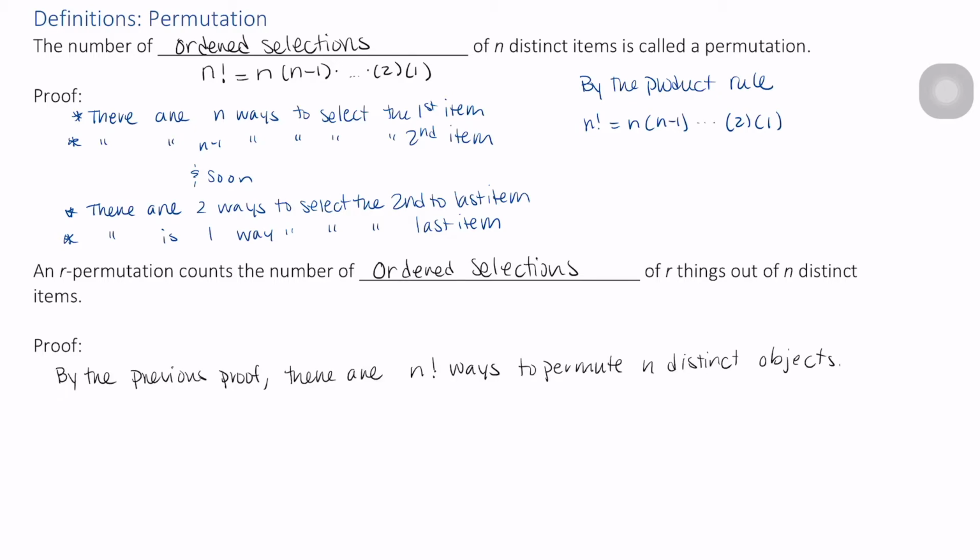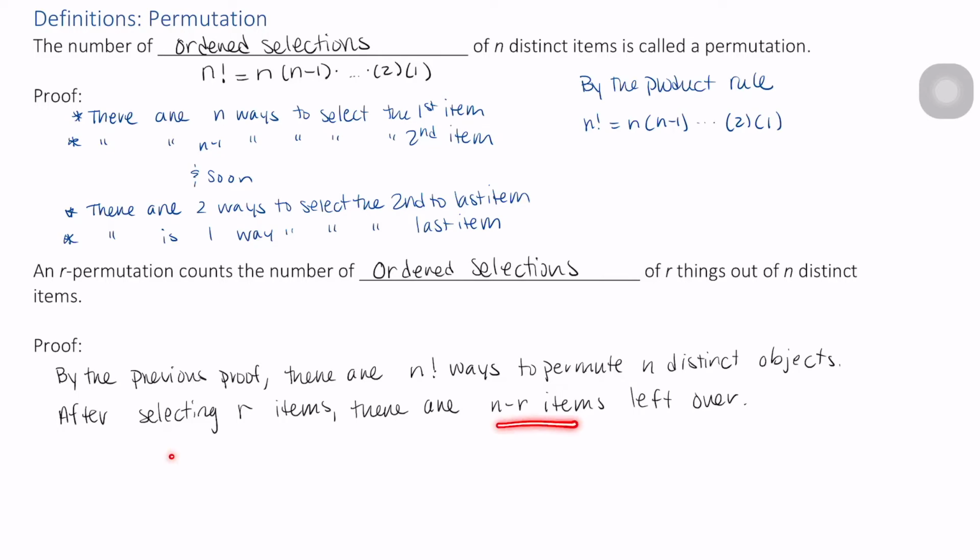But we did not want to permute the entirety of the n objects. We only wanted to permute r of the objects. How many objects did we have left over? We had n minus r objects. And you may be thinking, well, why does this matter? You mentioned overcounting, and suddenly we're talking about what's left over. Well, this will help us figure out how much we have overcounted by. There are n minus r items remaining, so we have overcounted by n minus r factorial.